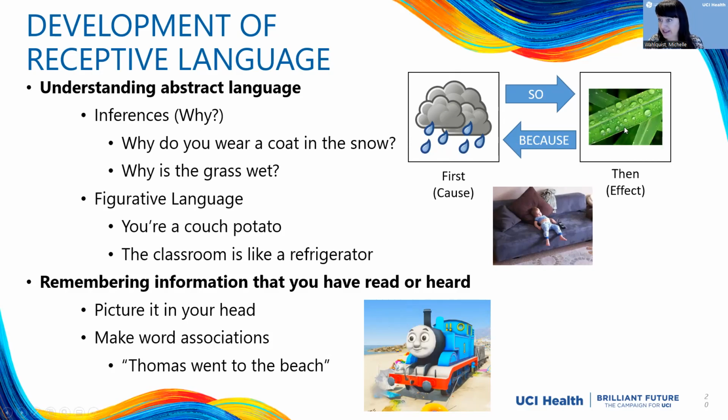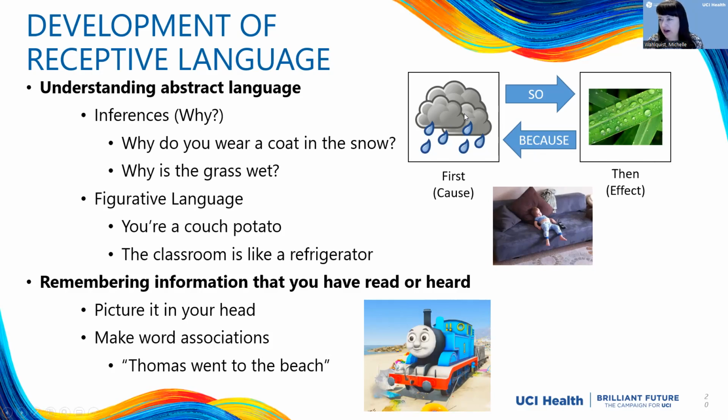The effect is the grass is wet. If I was going to put this in a sentence, I would say it's raining, so the grass is wet. But if I was going to answer a why question, the answer actually starts with the effect and goes backwards to the cause. So if I said, why is the grass wet? You would say the grass is wet because it's raining.